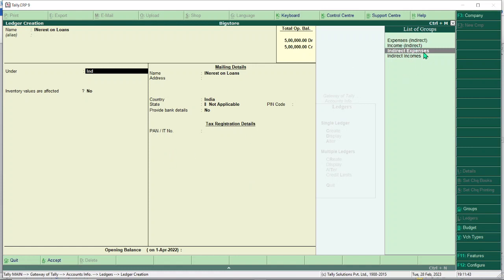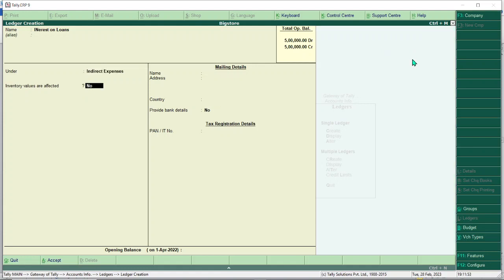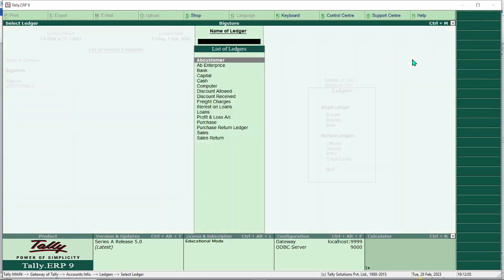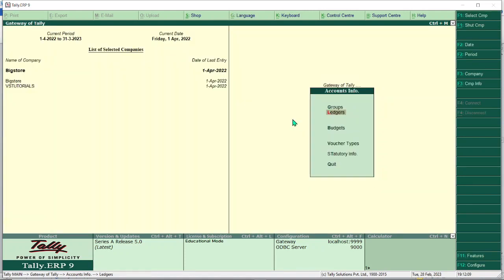We can select indirect expenses. So I select indirect expenses and I select inventory values are not affected, and then I have thus created a ledger named interest on loans.